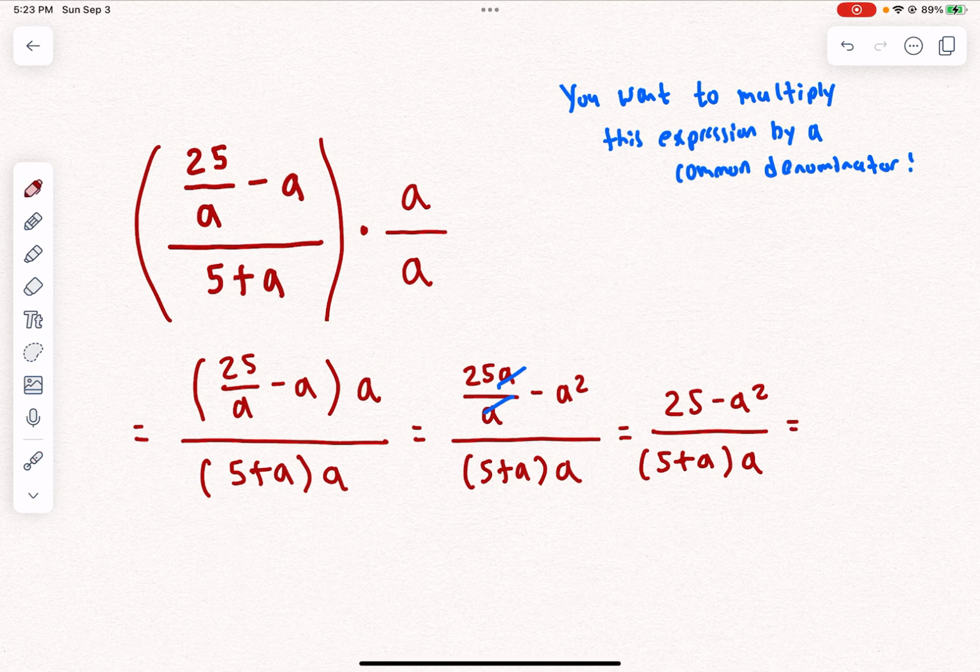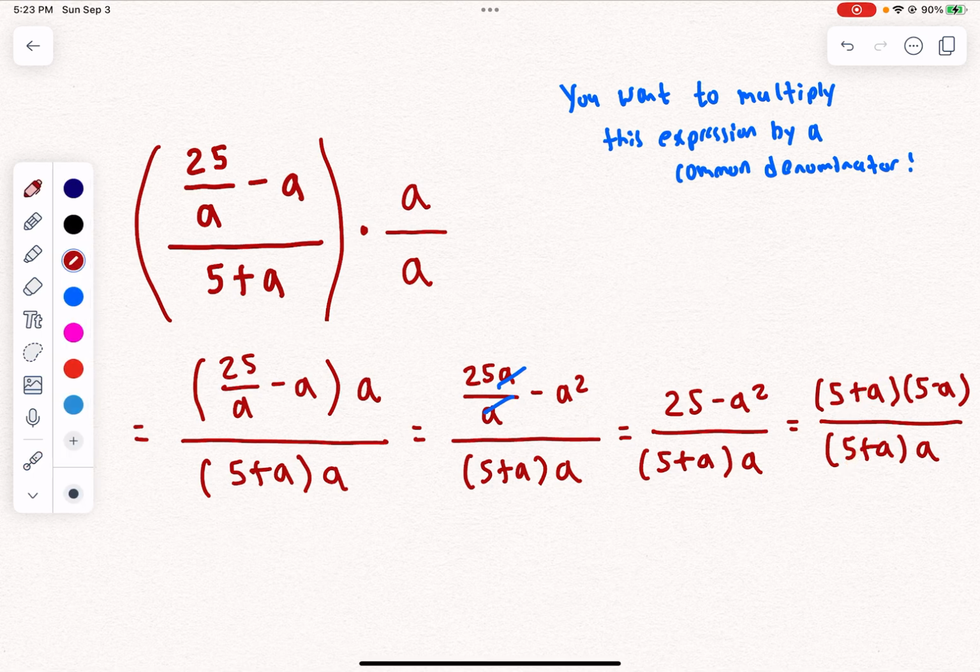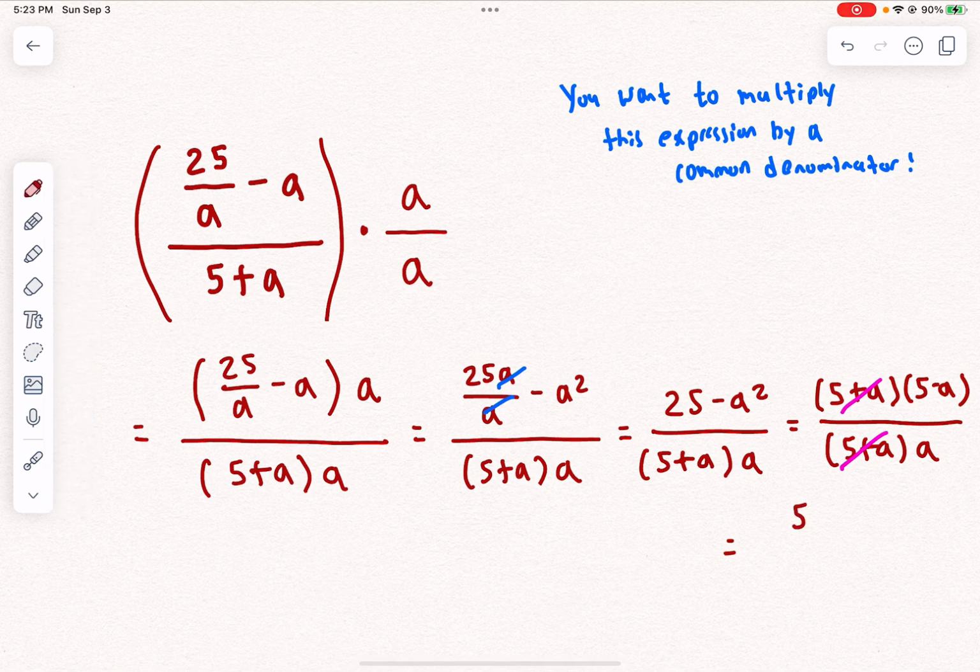And we said earlier that that should be factored as 5 plus a times 5 minus a all over 5 plus a times a. And then similarly, like we had discussed earlier, you'll notice that the 5 plus a's will cancel out. And you're ultimately left with the same simplified expression that we got using the first method.